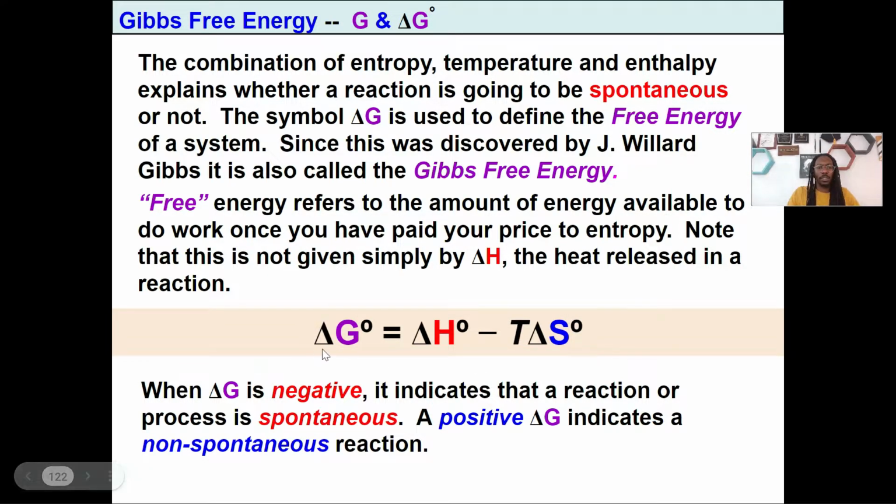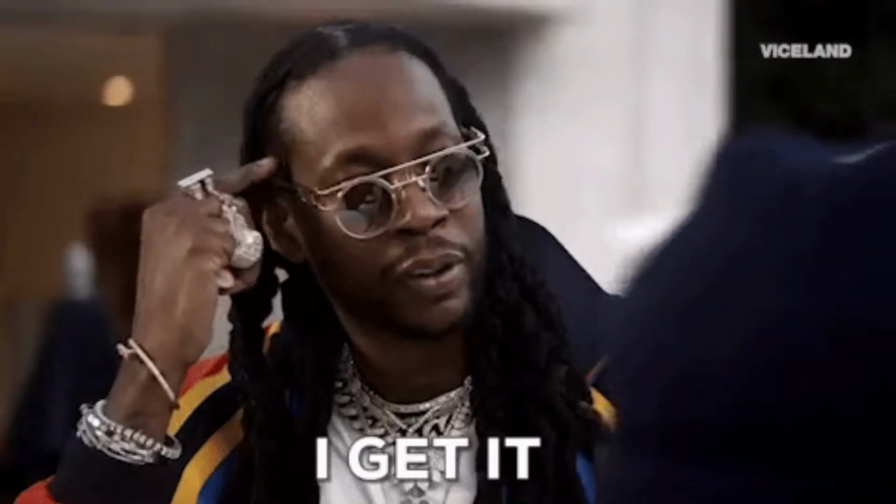Here's what you need to know. If your delta G is negative, you've got a spontaneous reaction. If your delta G is positive, it's a non-spontaneous reaction.